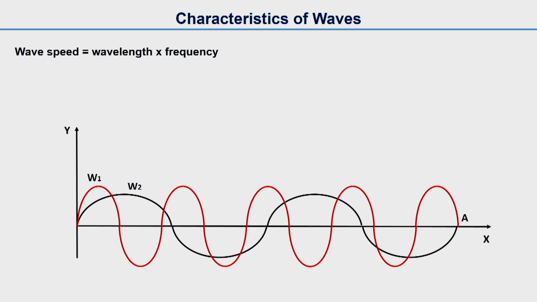So as I already mentioned, wave speed capital V is equal to wavelength lambda times frequency f.